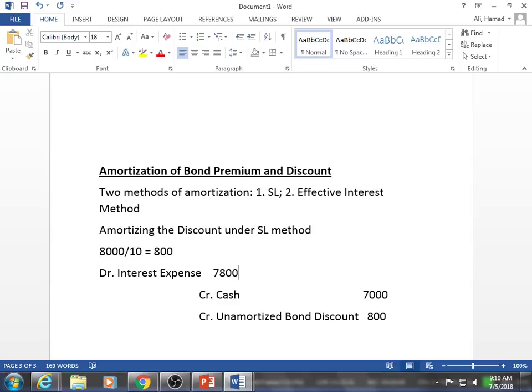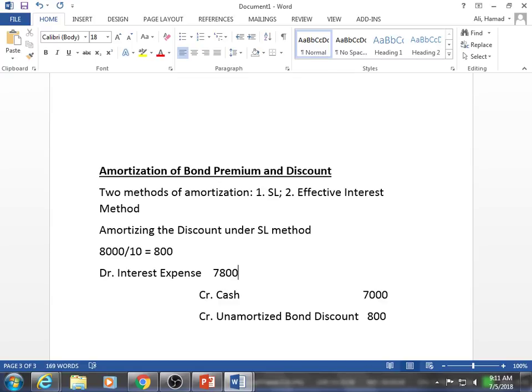Since it's the straight line method, you do the same journal entry for 10 times, every 6 months. So there is no need to do any updating there. But for the bond premium, we have to do updating every time you have a new interest expense.